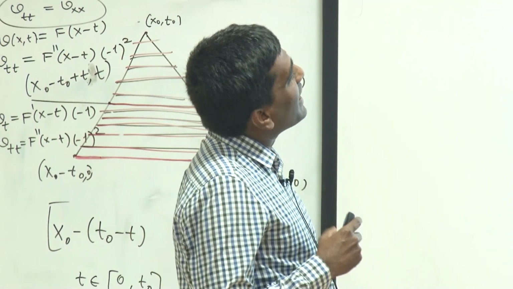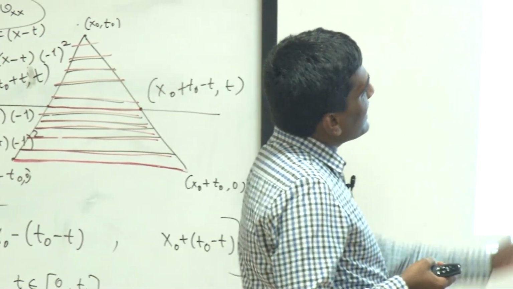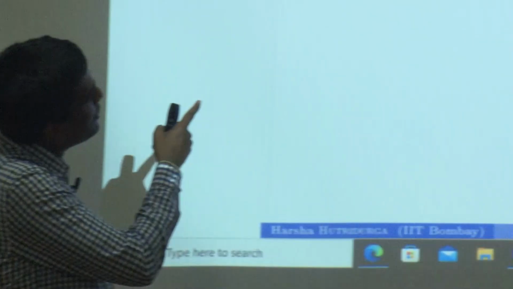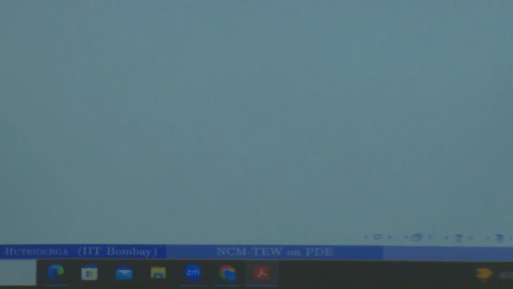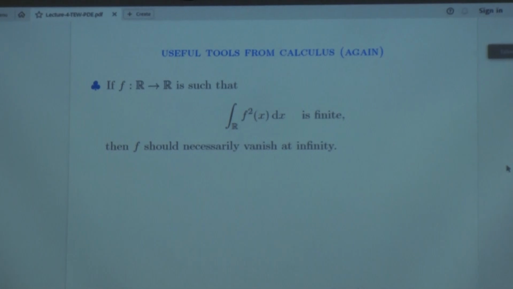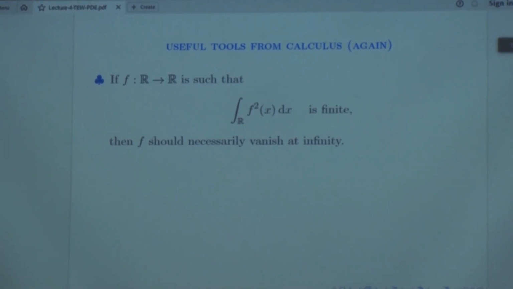Okay. So that I'll just state. So if somebody gives a real valued function f on the real line and they tell you this integral of f square is finite, that essentially means that necessarily your f should vanish at infinity. Okay, so it cannot grow at infinity.